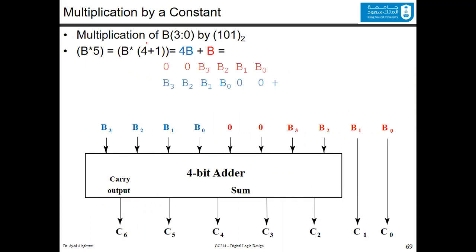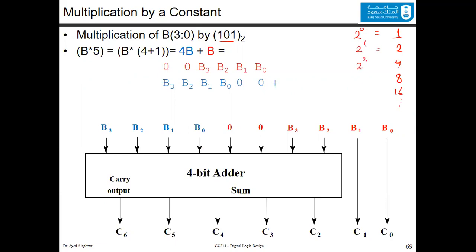Now, let's say you want to multiply b, being 4 bits, by the number 5. Now, we know the powers of 2 are 1, 2, 4, 8, 16, and so on. So if you want to multiply by 1, you don't shift at all, because this is 2 to the power of 0. This is 2 to the power of 1.